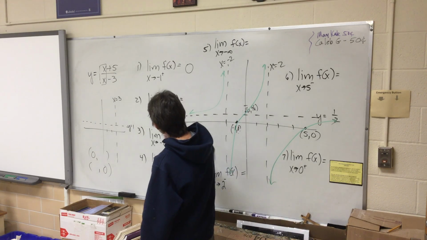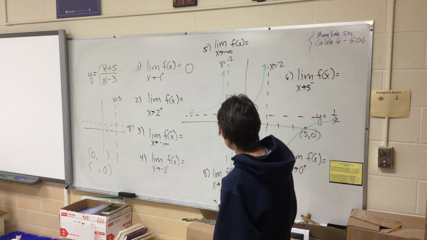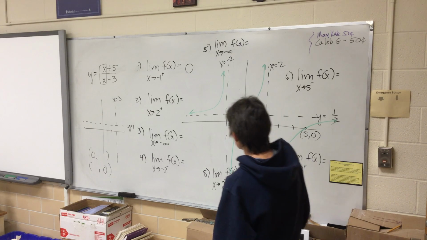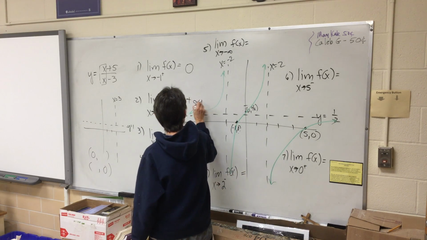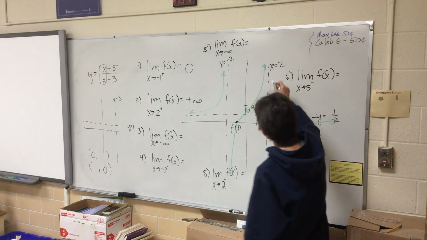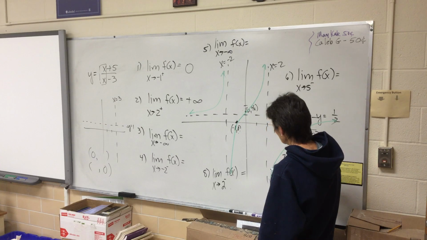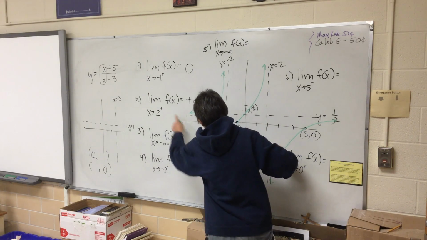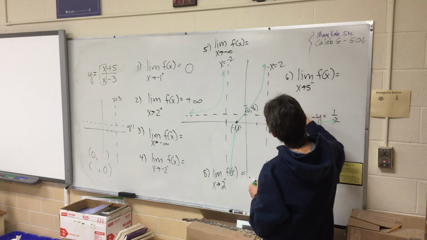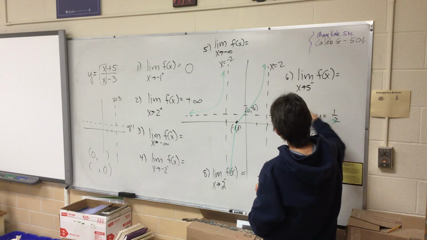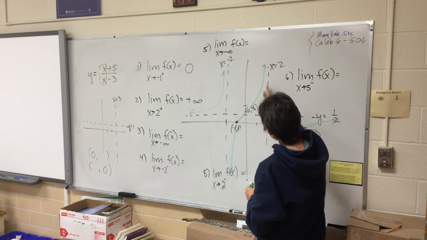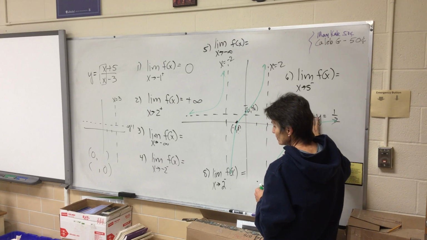All right, who got something for number 2? I put +infinity. All right, let's see if that's right. Now we're approaching 2, which is not a point, it is an asymptote. We're approaching 2 from the right side. Here's 2, this is the right side of 2.